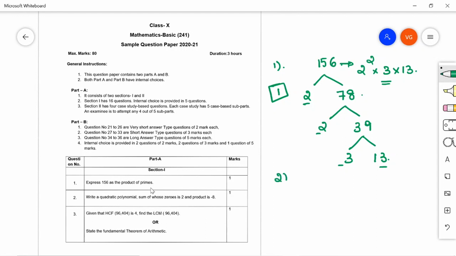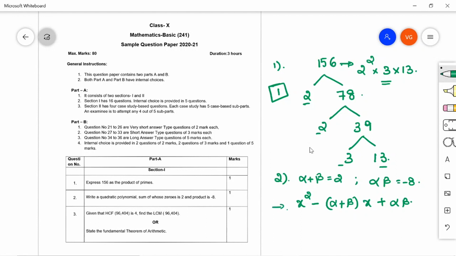Next, second question is, write the quadratic polynomial, sum of whose zeros is 2 and the product is -8. Right. So you know this alpha plus beta is given as 2 and alpha beta is equal to -8. So we have the formula x square minus sum of the zeros into x plus the product of the zeros is the required quadratic polynomial.